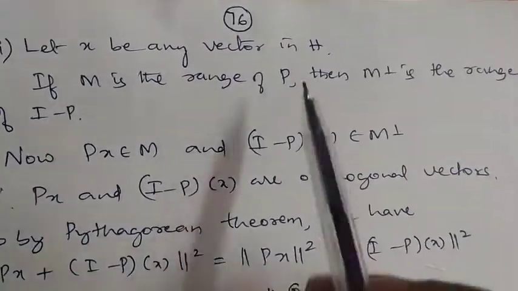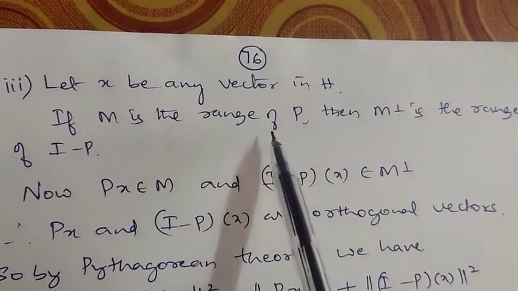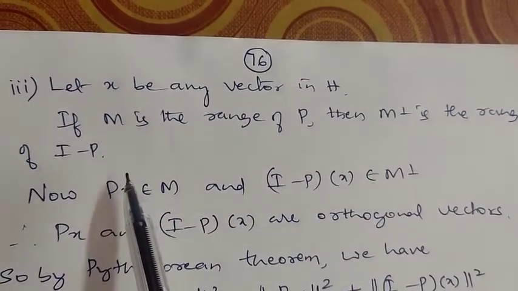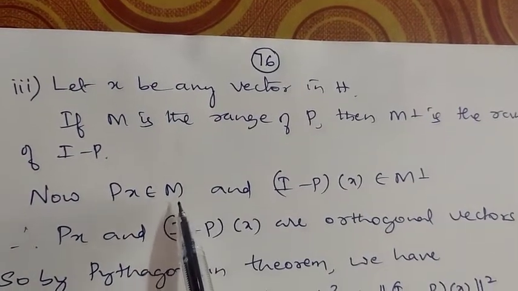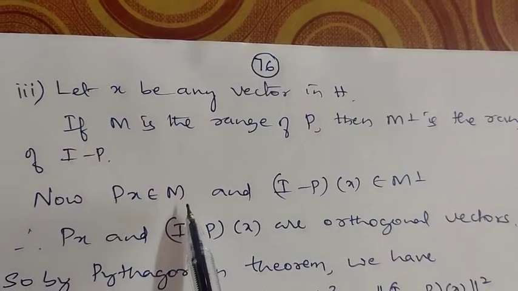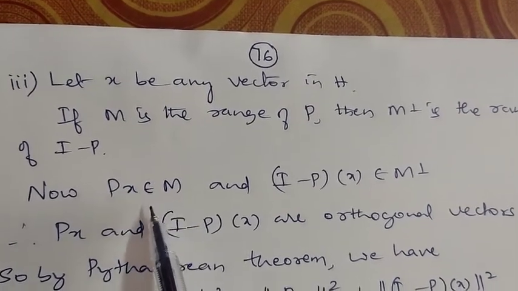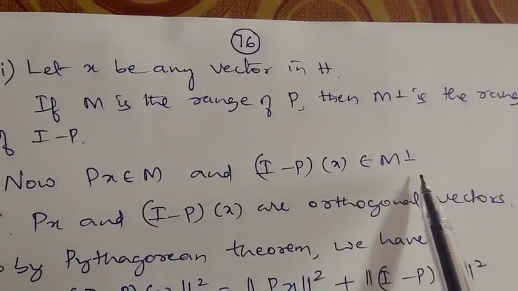Suppose x be any vector in H. Now we know that if M is the range of P, then M perp is the range of I minus P. Now P of x definitely belongs to M because P is a mapping from H to H and M is the range. Therefore P of x belongs to M and I minus P of x belongs to M perp.